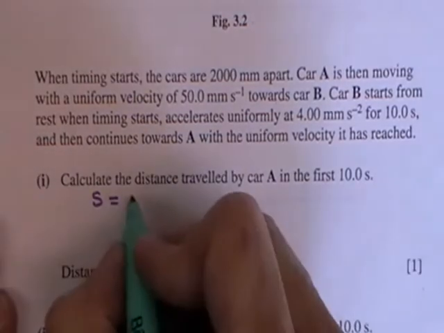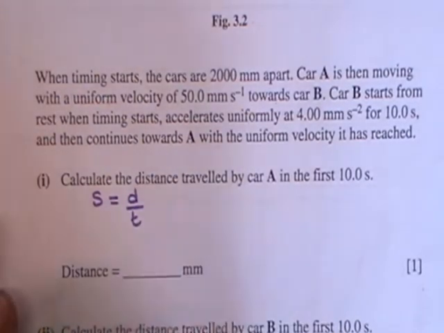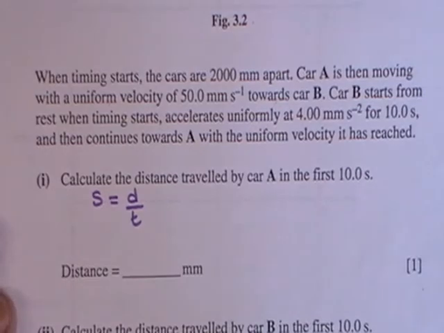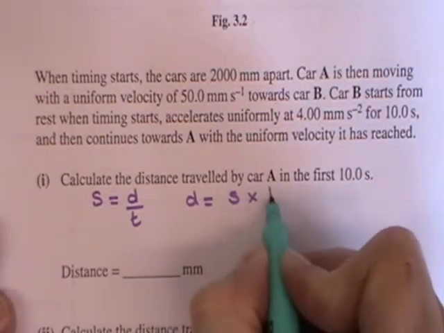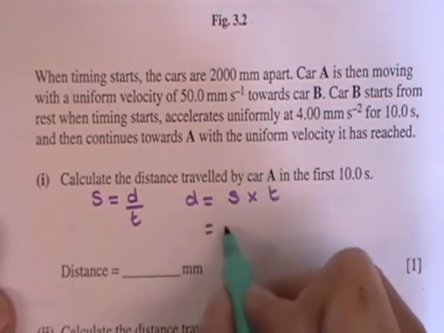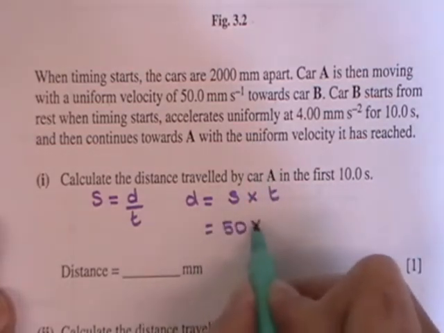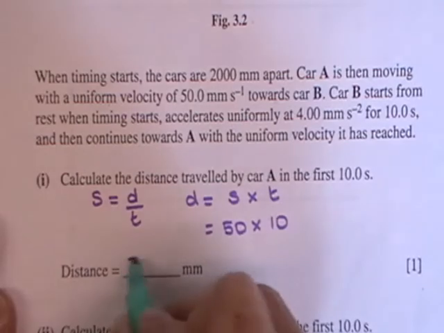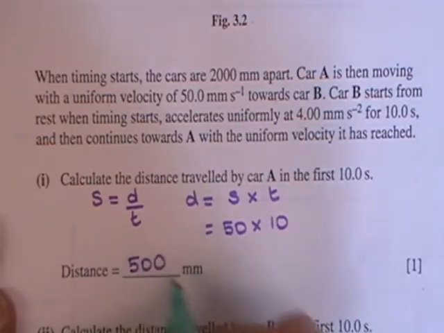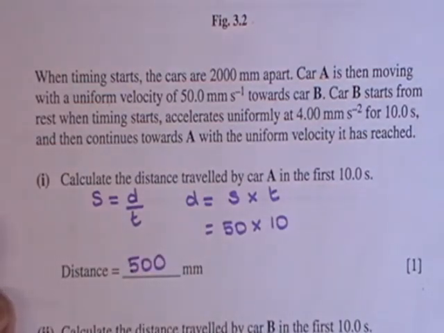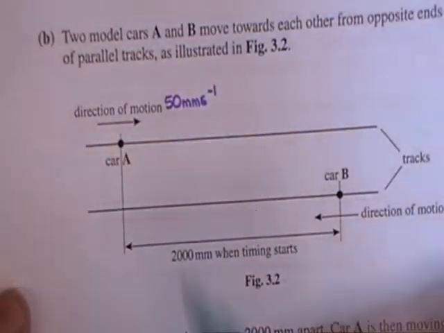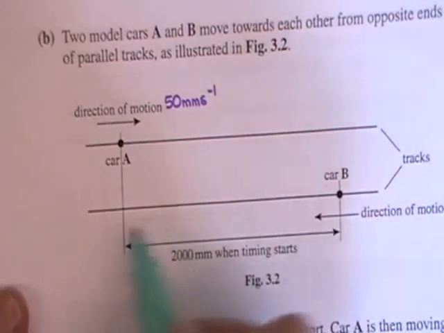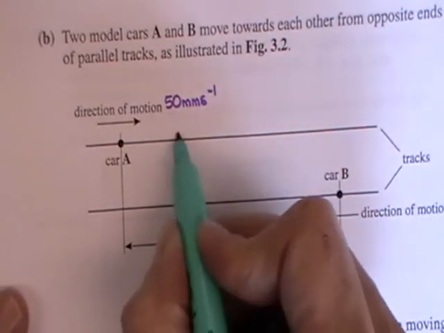So speed is distance over time, or rather velocity is displacement over time, and we're going to calculate distance. So it's speed times time. Speed is 50 millimetres per second, time is 10, and that gives you 500, and of course the answer is in millimetres. So after 10 seconds it has travelled 500 millimetres out of 2,000, so it's approximately there.